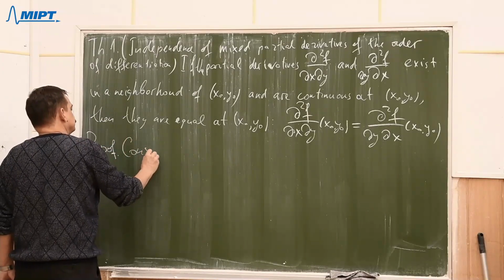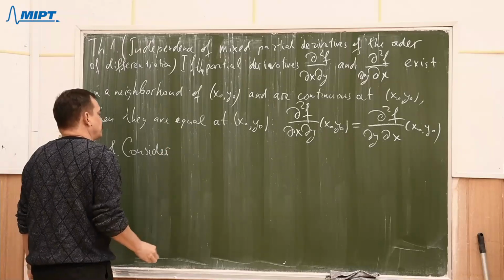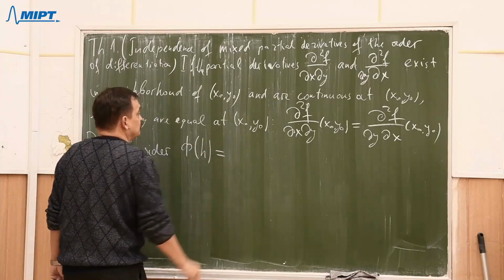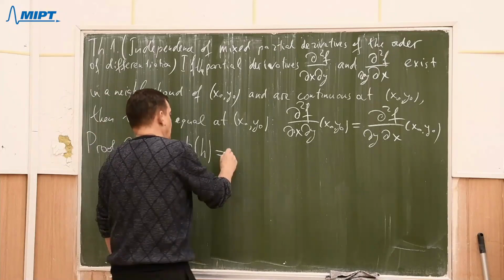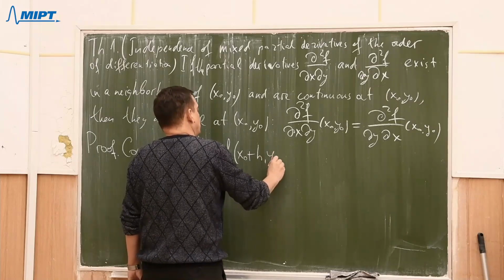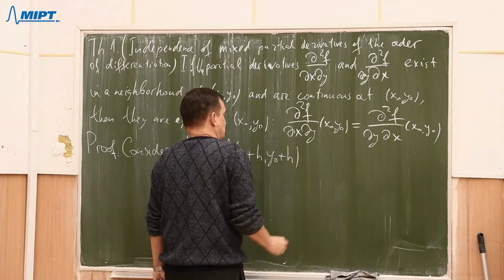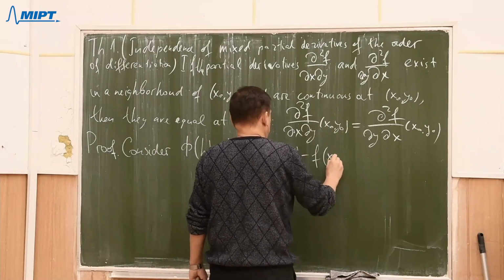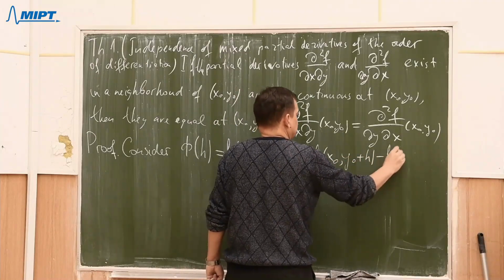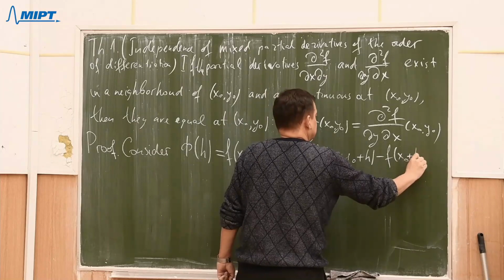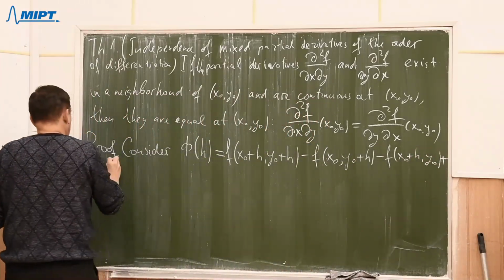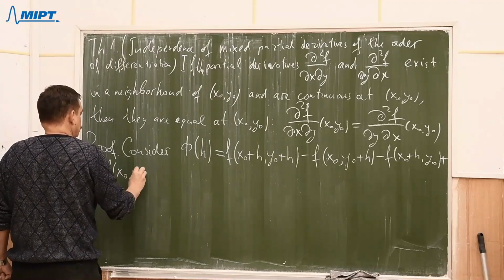Consider such an expression, a function better to say, capital Phi of h equals f at x naught plus h, y naught plus h, minus f at x naught, y naught plus h, minus f at x naught plus h, y naught, plus f at x naught, y naught.